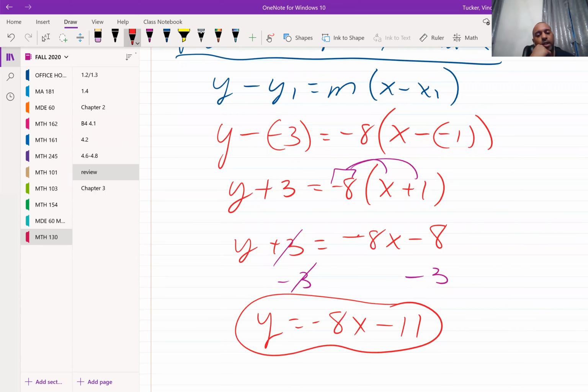So y is equal to -8x minus 11. All right, any problems? Any problems?